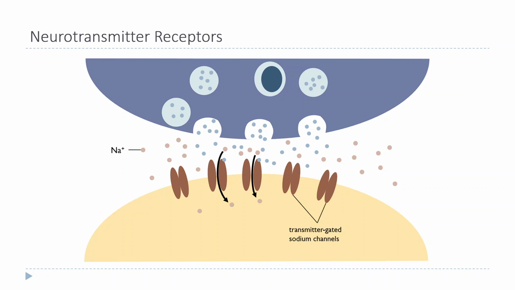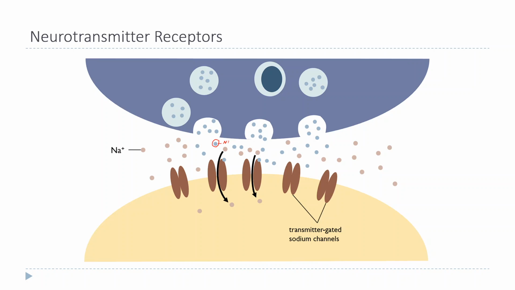These are all neurotransmitter-gated ion channels, which means they are gated by the neurotransmitter, so they only open when the neurotransmitter binds. If these blue molecules are the neurotransmitters being released, they will bind to the receptors, the brown ones, and when they bind to those proteins, they cause them to change their conformation such that they open a channel that lets ions go through.